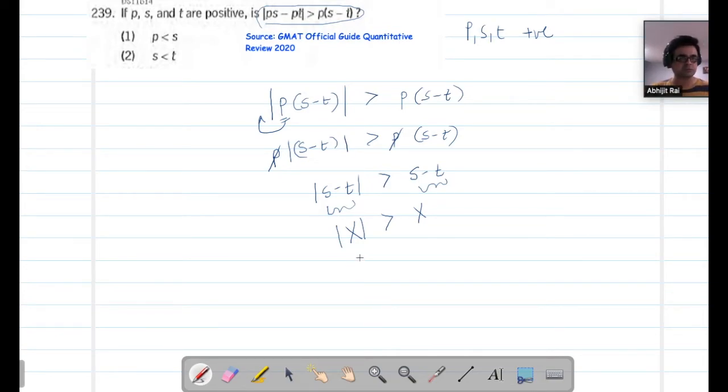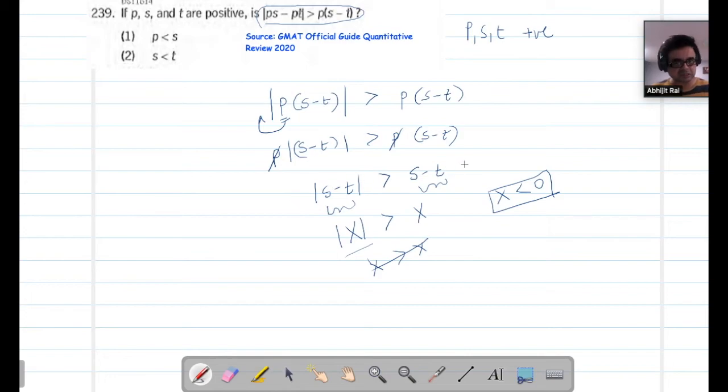When is that possible? If X were 0, then it's not possible because 0 cannot be greater than 0. If X were positive, then modulus of X will be X itself, and X cannot be greater than itself. So when X is positive, it is not possible. The only way it is possible that the absolute value of X is greater than X itself is when X is less than 0.